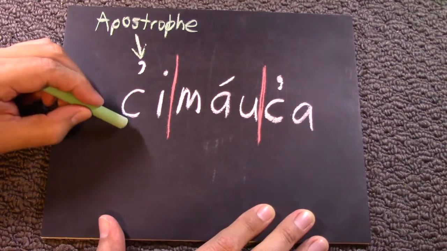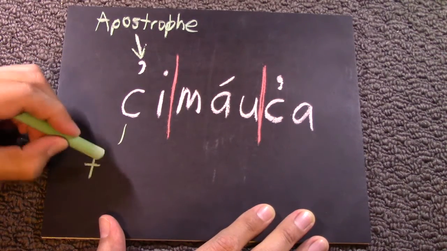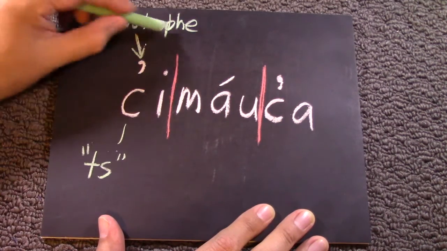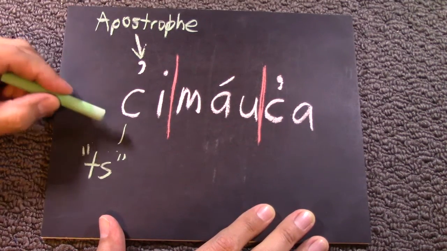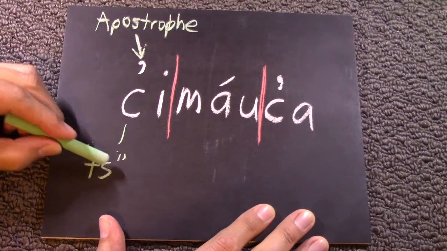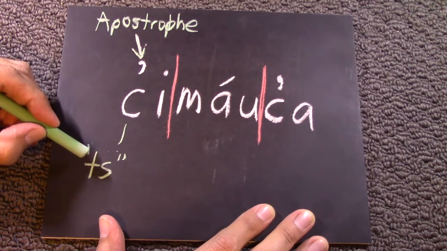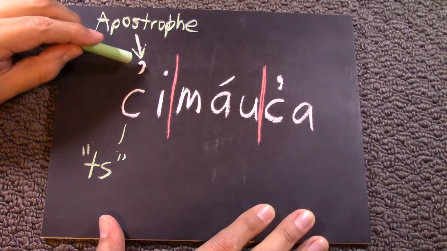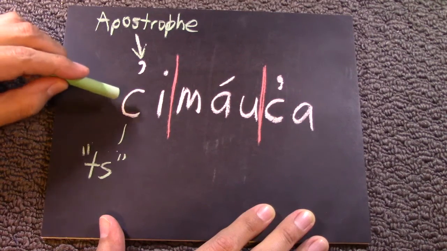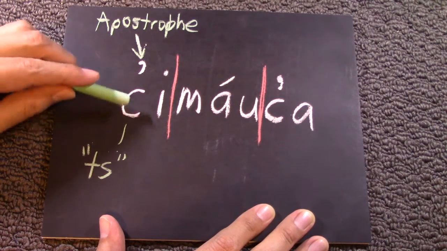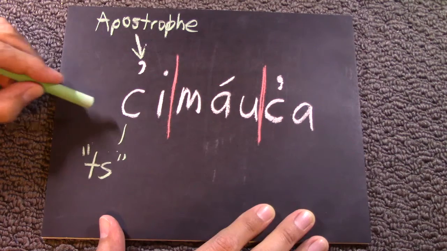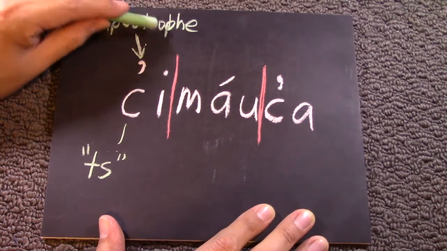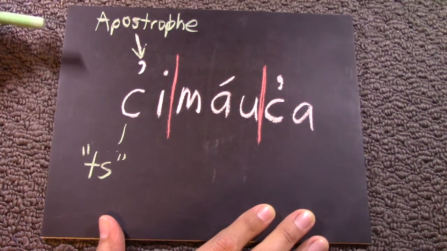So the regular C makes a t sound. The apostrophe tells us that it's going to be more pronounced. So instead of saying t, we're saying ch, ch, ch. This is a glottalized sound. So what we're doing is we're starting off by holding our breath and then releasing this sound. So we're putting more force into this sound than what we normally would. So that's what the apostrophe tells us to do.